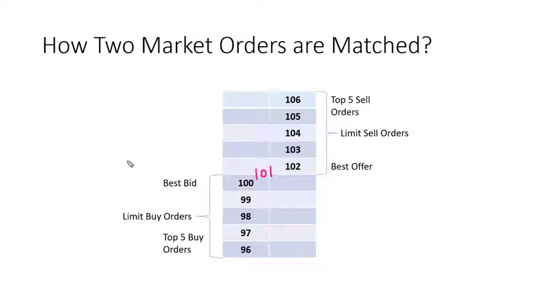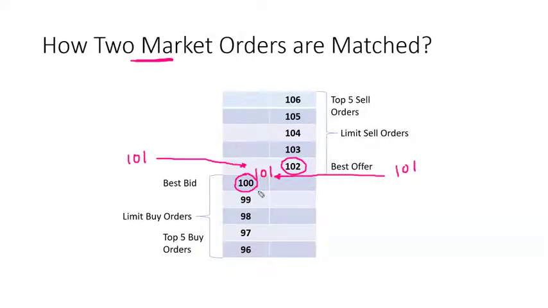A buyer comes in with an order at 101, a seller comes in with an order at 101, the both prices match and we get a trade at 101. Make sense? This will not be disturbed, this will not be disturbed, but we will get a trade that is executed. That is how two market orders can match each other.